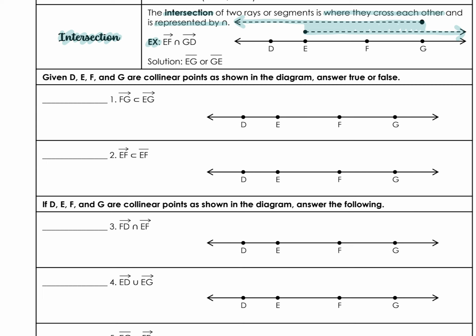So we have, is ray FG, starting at F going towards G, a subset, so is it contained inside of ray EG? Okay, so is all of the first, the green, inside the purple? That answer is going to be true.